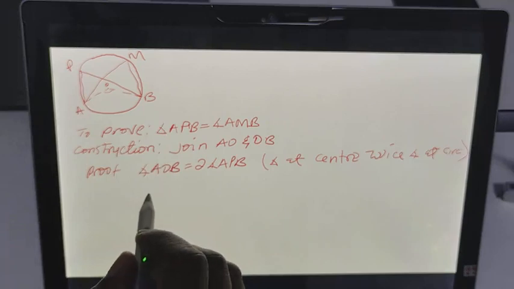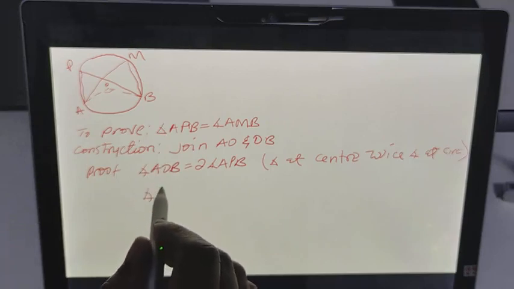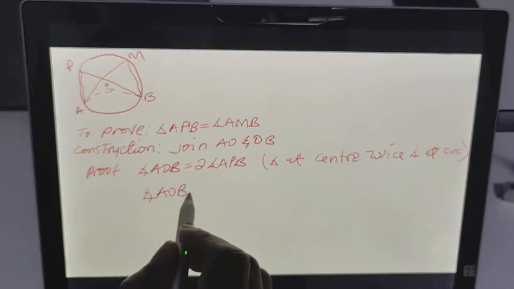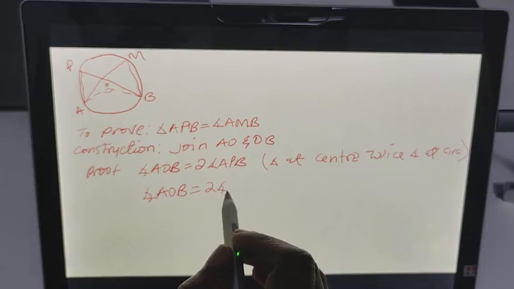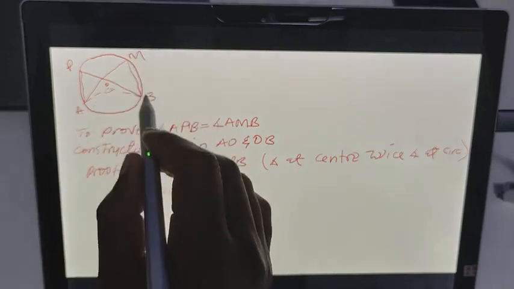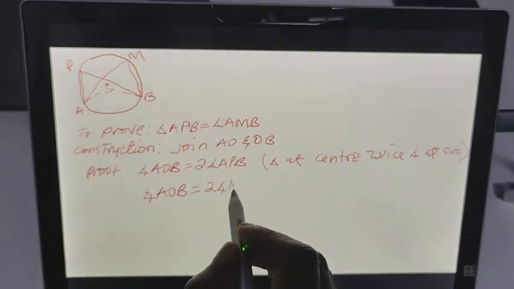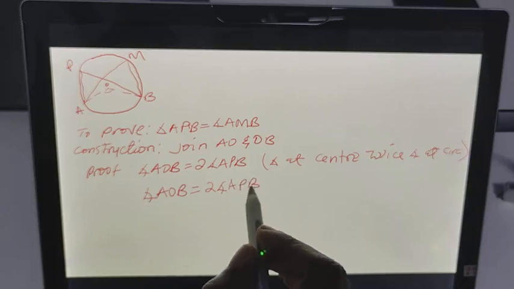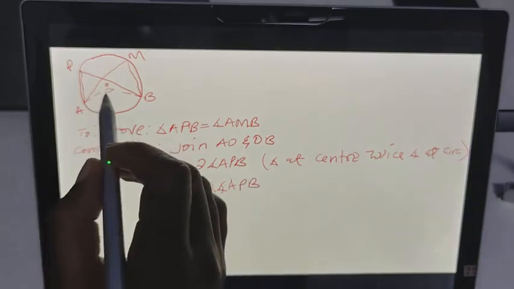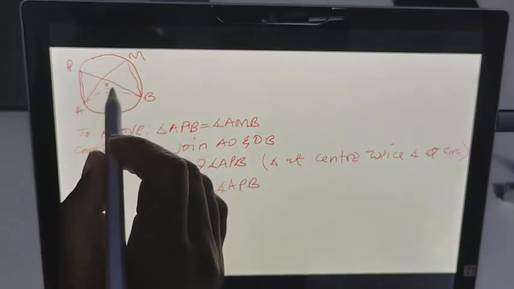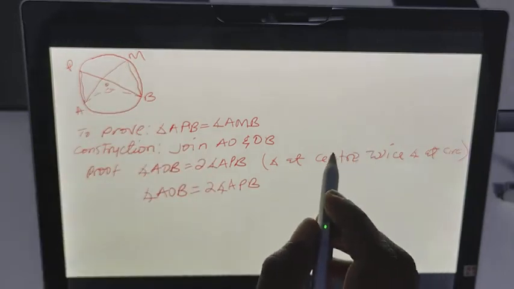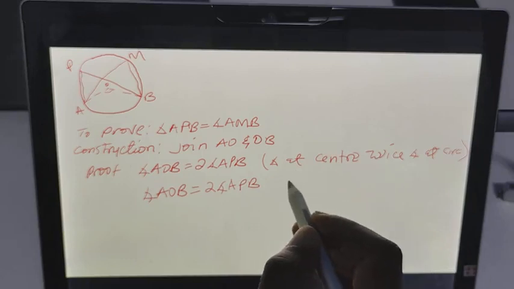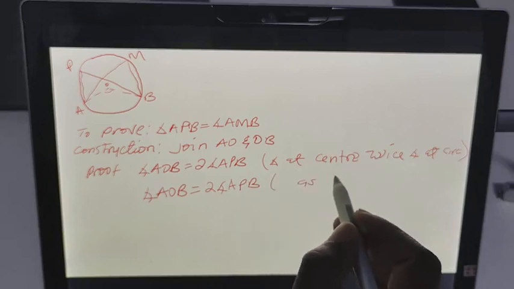And we also know that angle AOB is also equal to twice angle AMB, because the angle at the center is twice the angle at the circumference. We give the same reason as above.